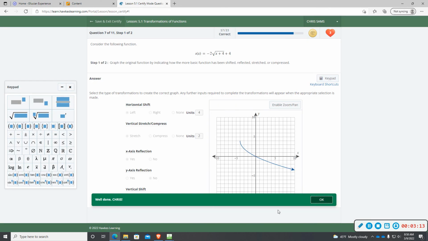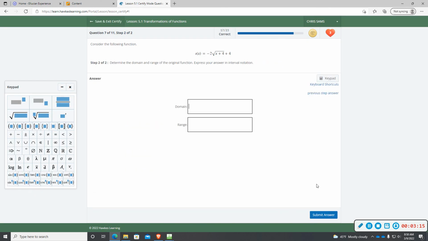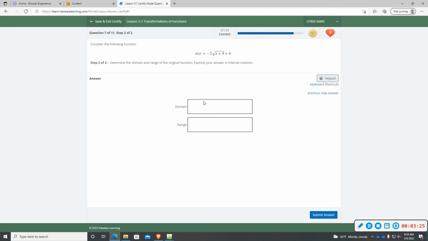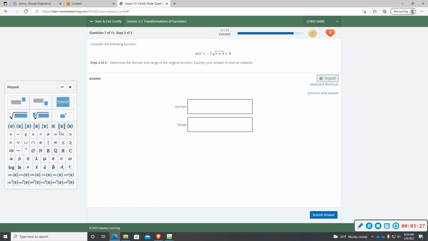So domain was from 0 to infinity, but it got shifted left 4, so it's going to be -4. Bracket, half closed, open, -4 to infinity.